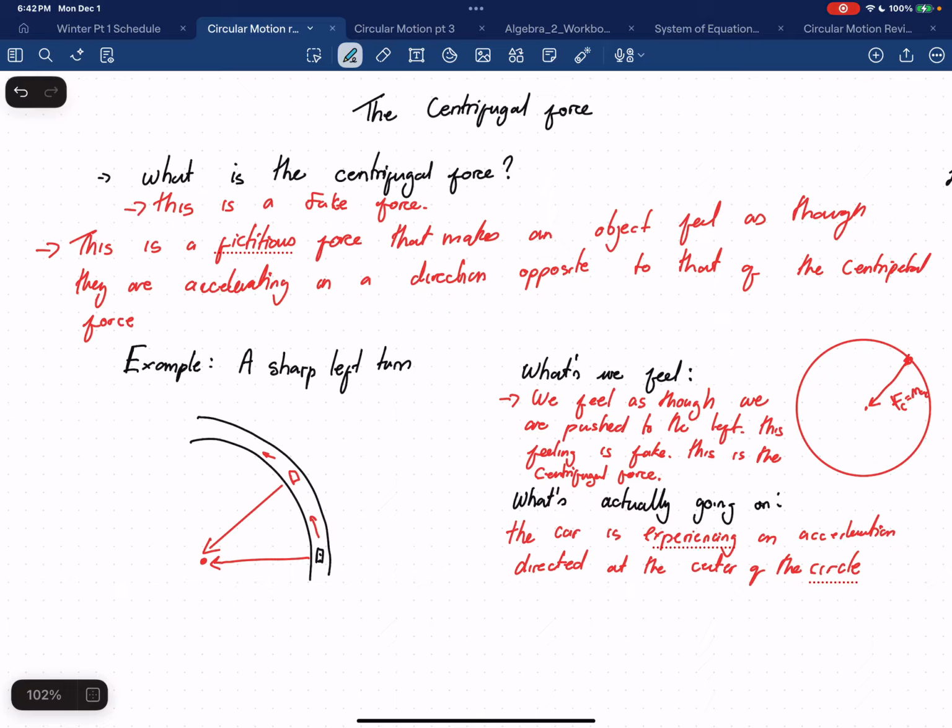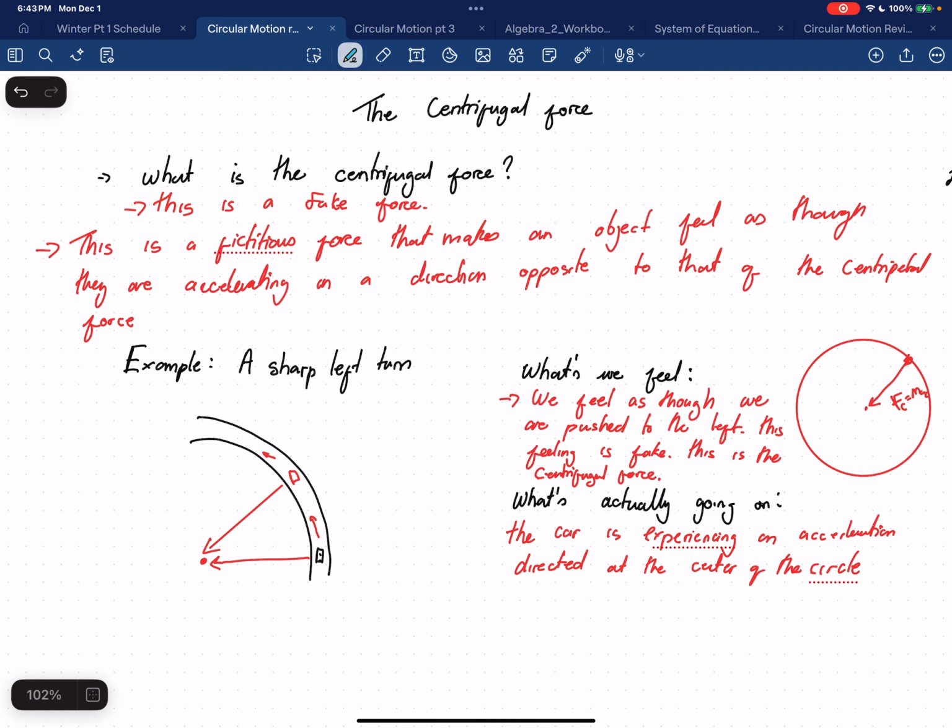We feel it because before we approached the curve, our body was moving in a straight line, and when the car started to turn, the car pushed inward, towards the radius of the curve it's turning along.